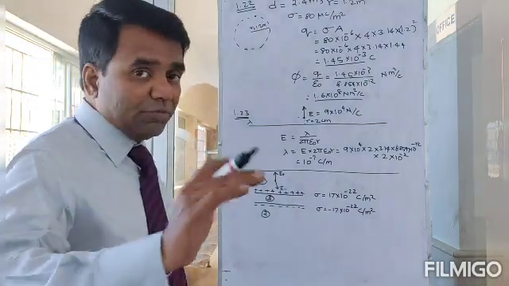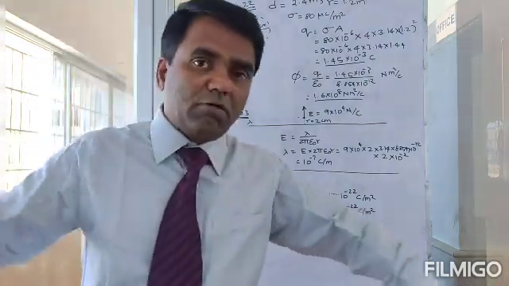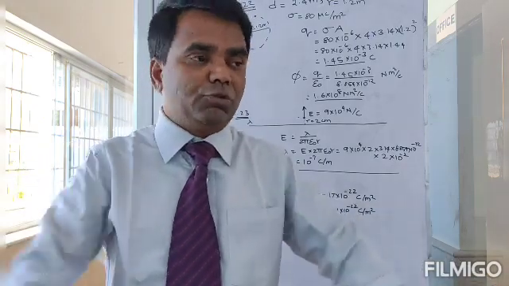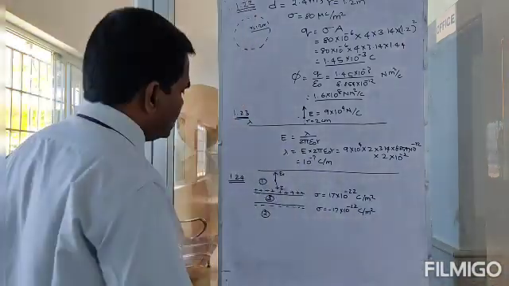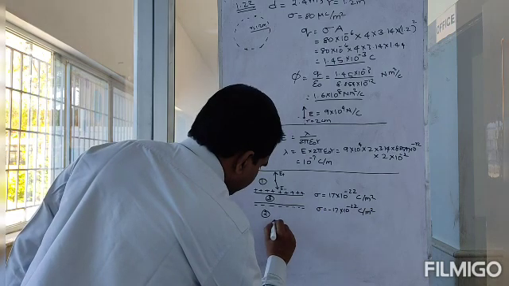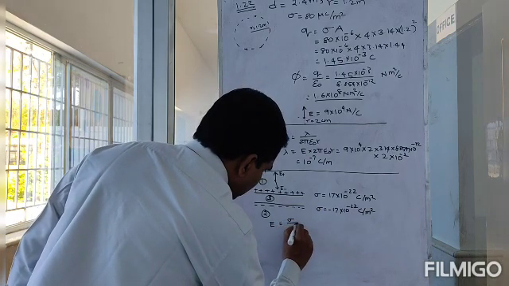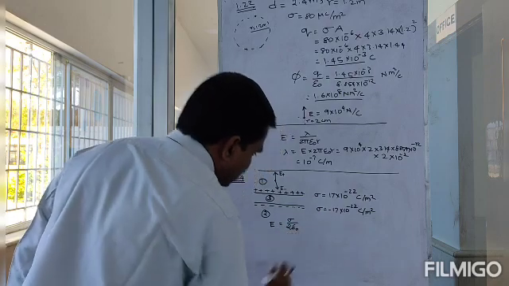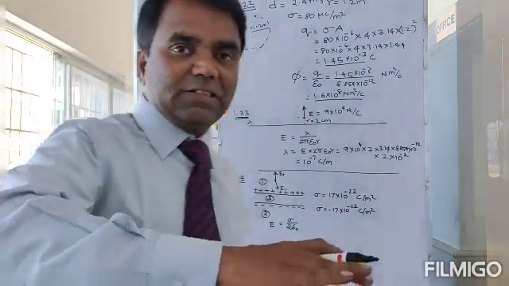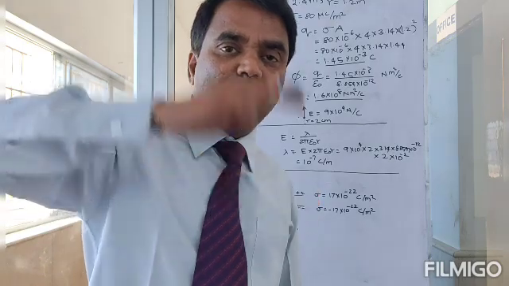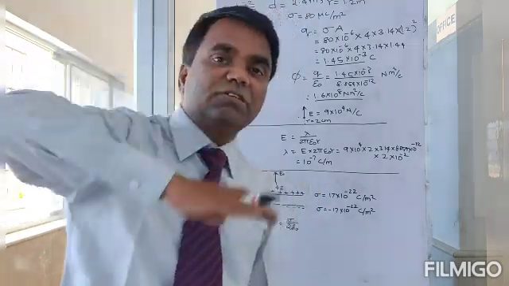But no, what do we know? If you have an infinitely long plane sheet, a huge plane sheet, you say that E is equal to sigma by 2 epsilon. The field value will not change based on the distance.